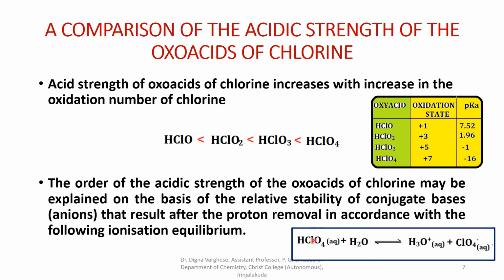Perchloric acid undergoes hydrolysis giving hydronium ion, so it acts as a monobasic acid, with conjugate base ClO4 minus. So the order of acidic strength may be explained on the basis of the stability of the conjugate base.